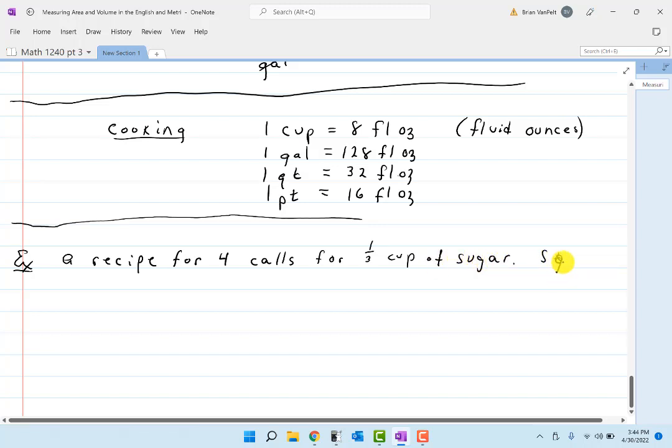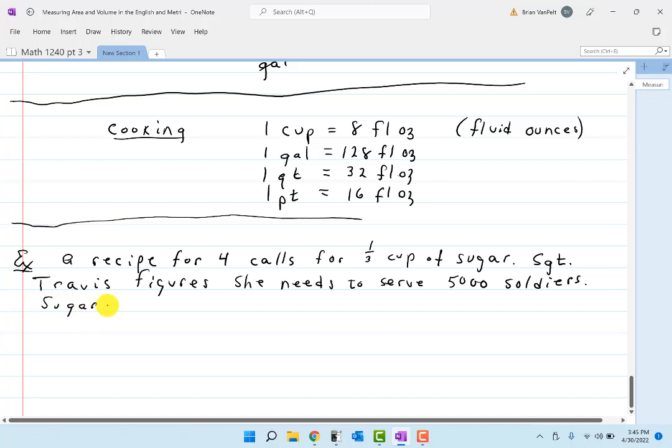Sergeant Travis figures she needs to serve 5,000 soldiers.